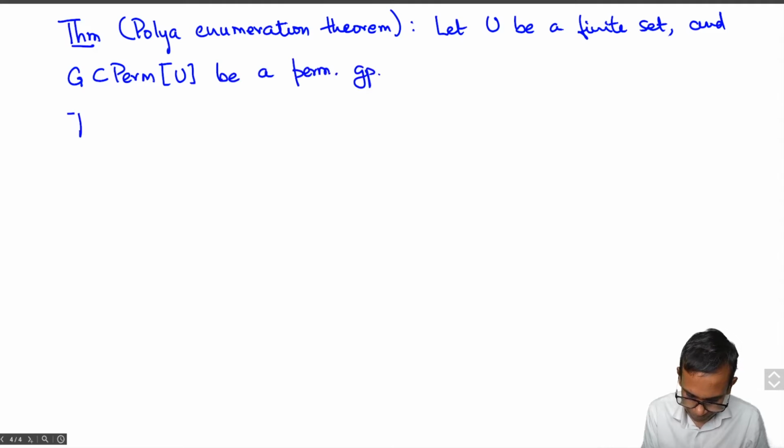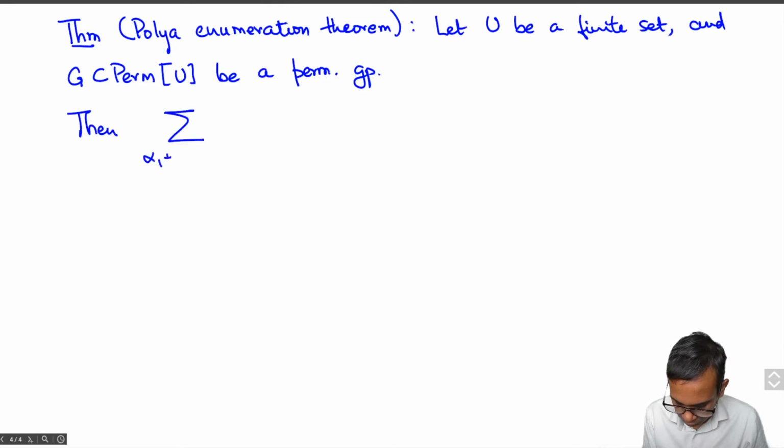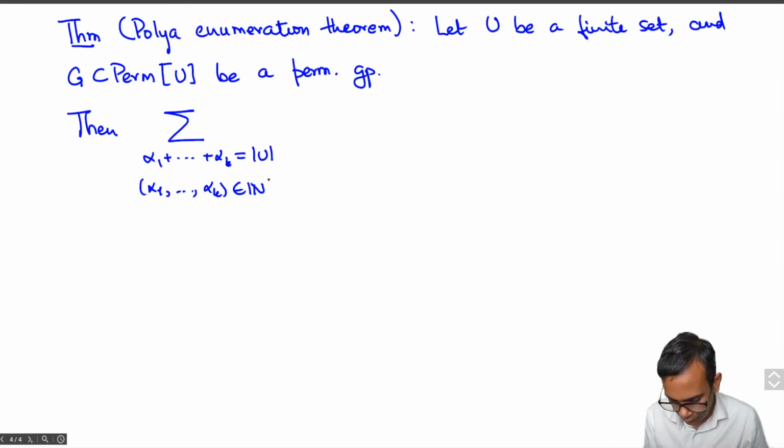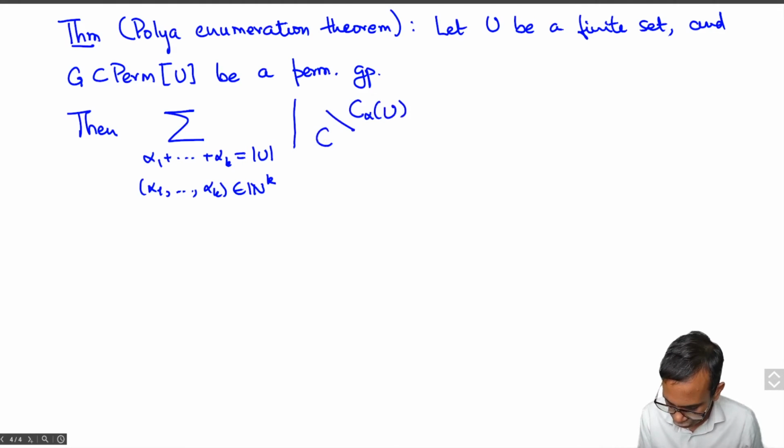Then the sum over all vectors alpha with alpha 1 plus through alpha k equal to the size of U, so alpha 1 through alpha k in N raised to k, so the sum over all possible shapes of the number of equivalence classes of C alpha U by G, and then I'll write x to the power alpha.